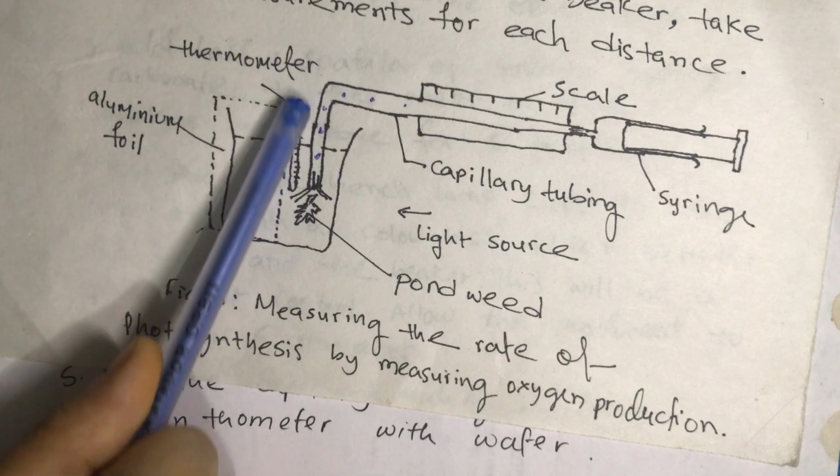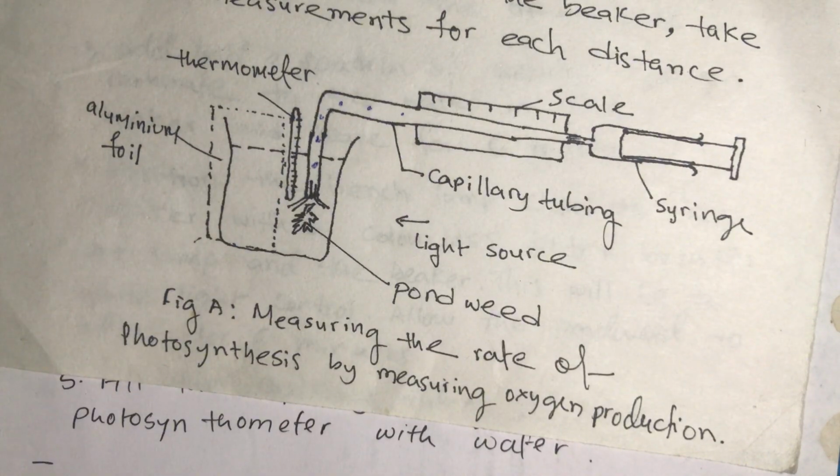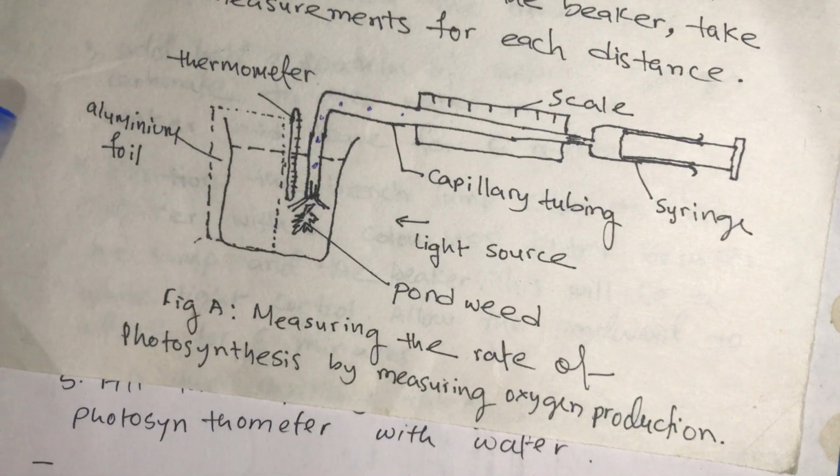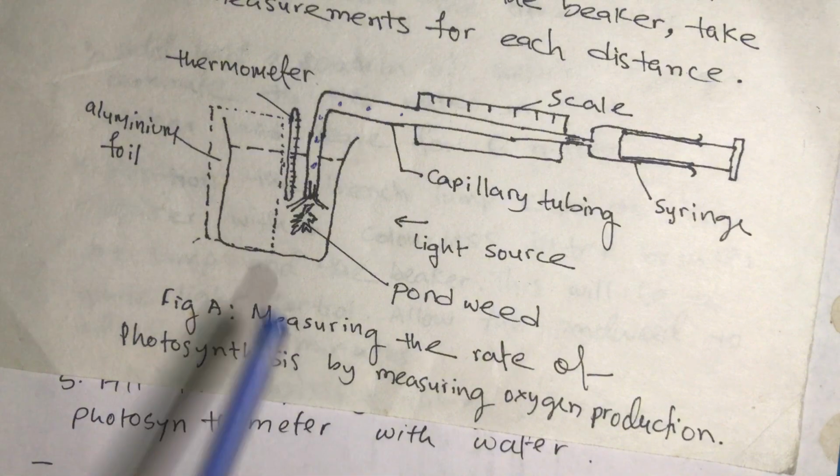And a thermometer is used to check the temperature control, because we want the temperature to be the same throughout the experiment, for all the experiments. Because if temperature changes, the rate of photosynthesis can get altered. And an aluminium foil, so that light can enter from one side only.